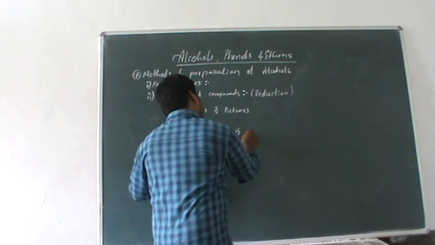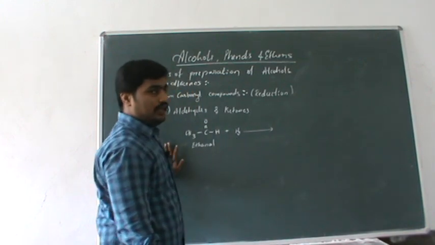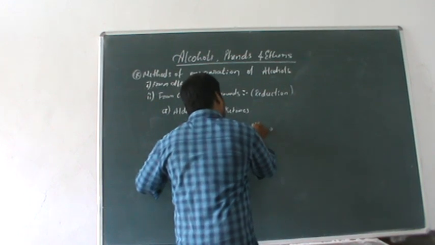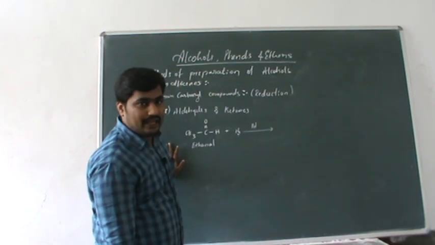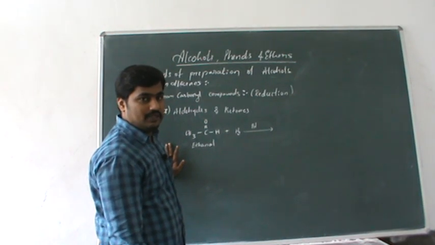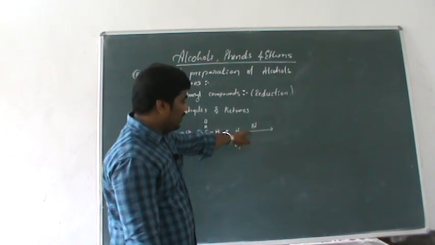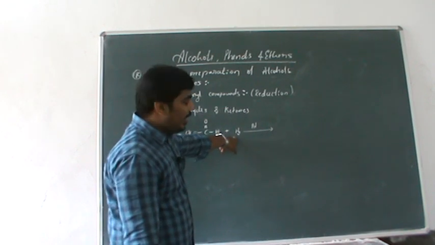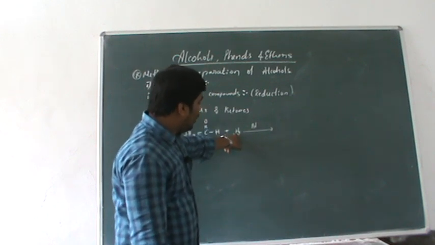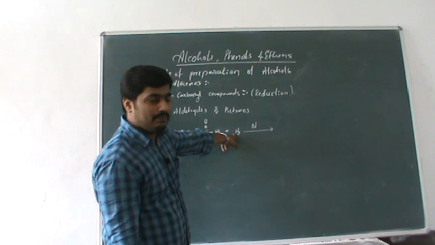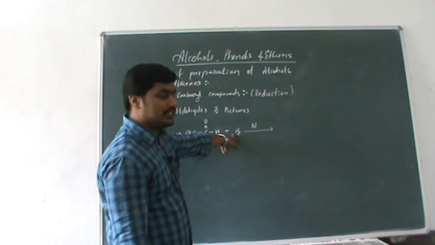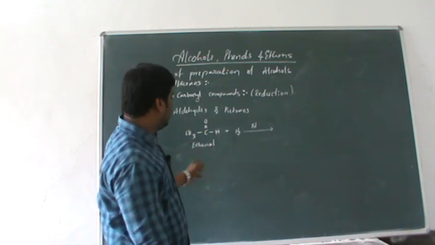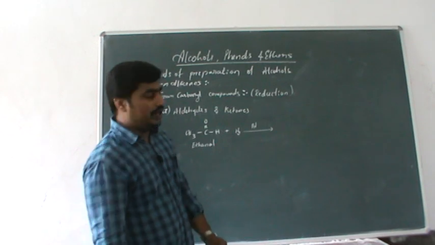When this aldehyde is subjected to reaction using a simple or mild reducing agent, we add hydrogen to the ethanal in the presence of platinum, palladium or nickel catalyst. What is the name of this process? With the help of a catalyst, we are adding hydrogen, therefore it is catalytic hydrogenation, addition of hydrogen, or simply a reduction process.